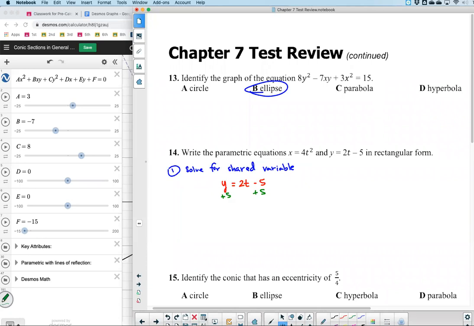I know when I taught you this the first time in lesson 7.5, I solved the x equation and then plugged into the y, because your homework suite wants it that way. But on the test, it's not necessarily going to appear that way. Okay, what happens next? Divide by 2. And so we have t equals y plus 5 divided by 2.